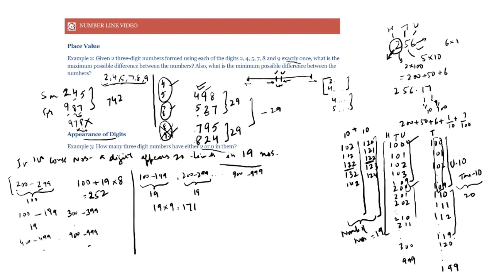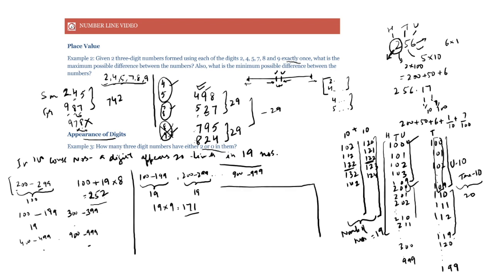Now we need the 3-digit numbers that have either a 0 or a 2 in them. What does it mean? That we cannot double count. There are some numbers which are going to be here as well as over here. We should not double count them. So how many such numbers are there which we have double counted? Let's think of that.